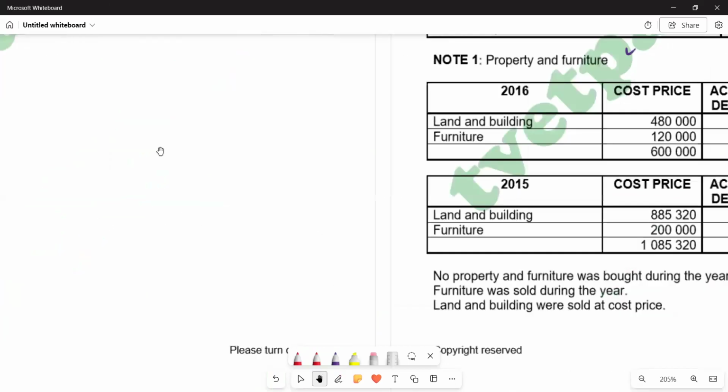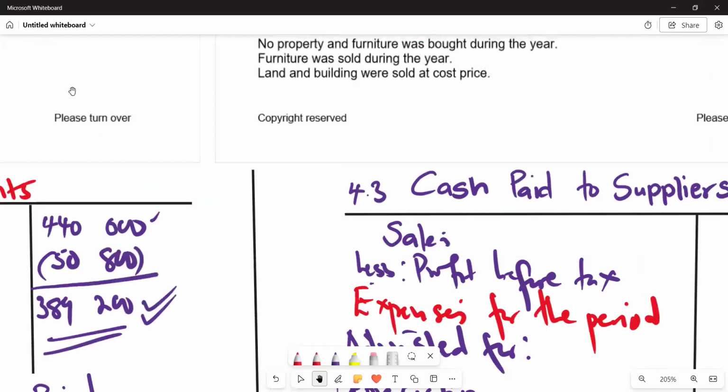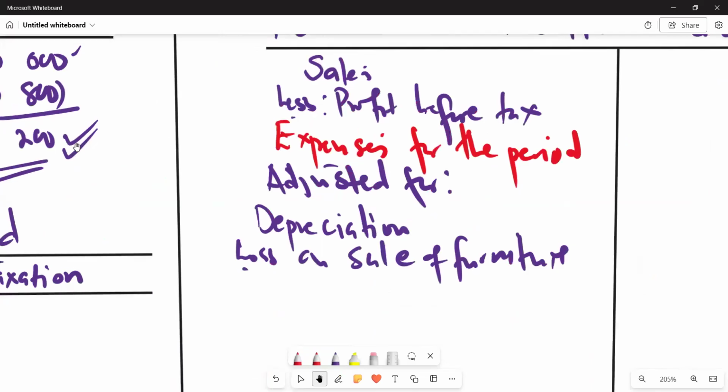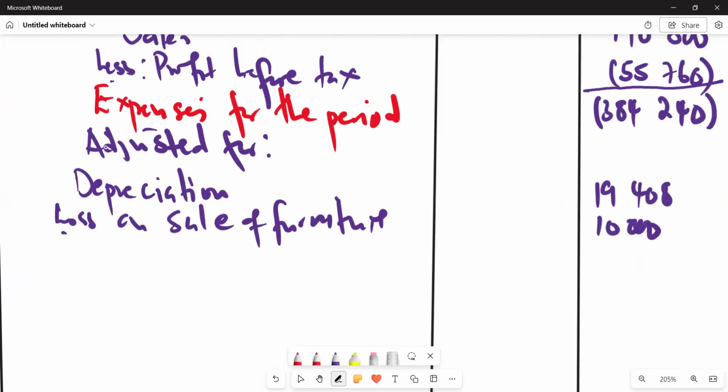So we go there. We are saying interest received, we have an amount of 4,000. We said we're going to show it as a negative, so we are just going to show it as a negative here. And then we have also interest on members' loan.